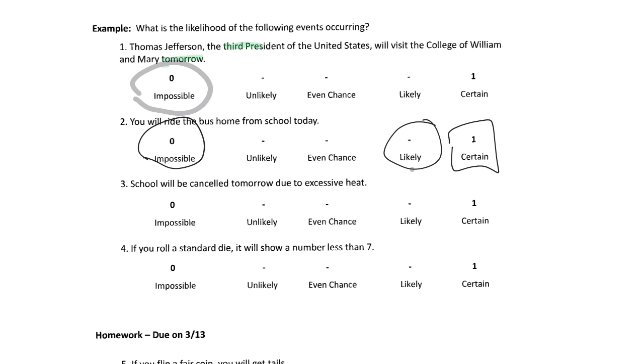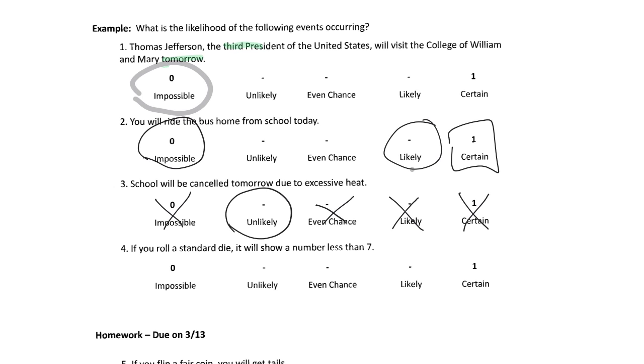I would say they're not certain. I would say it's not even likely. And I would say there's not an even chance of it happening. But is it impossible? No. So it's just extremely unlikely, but it's not impossible.